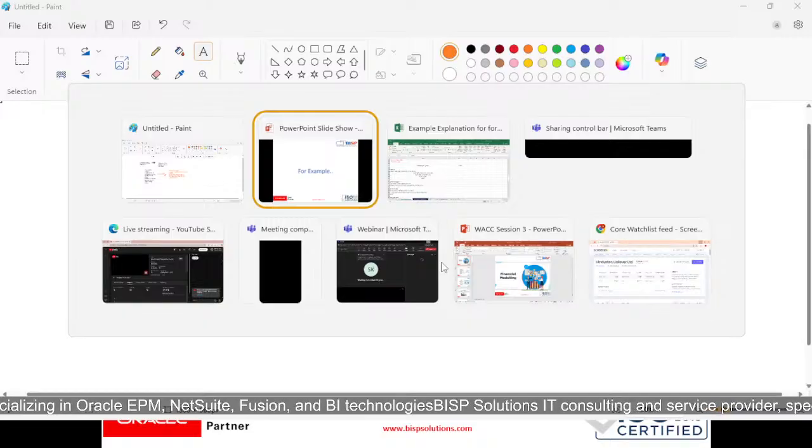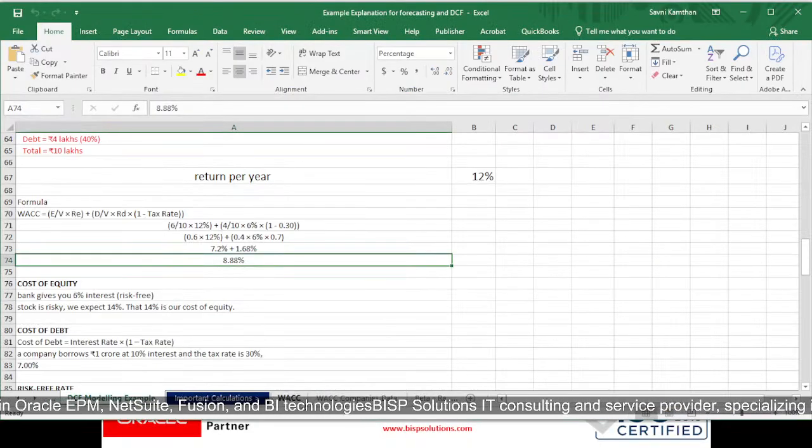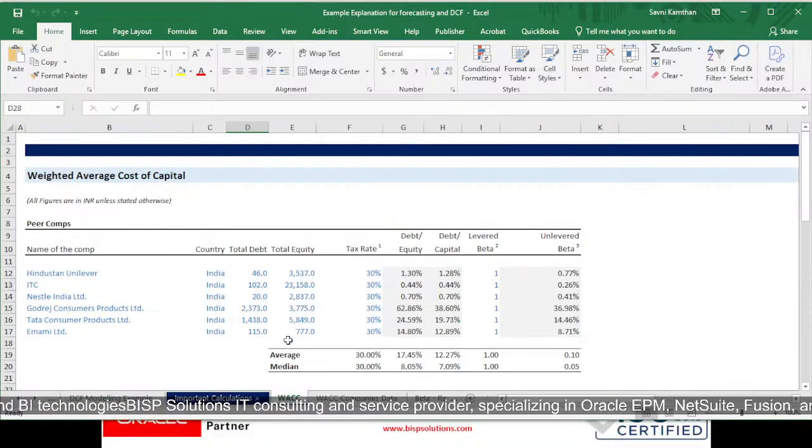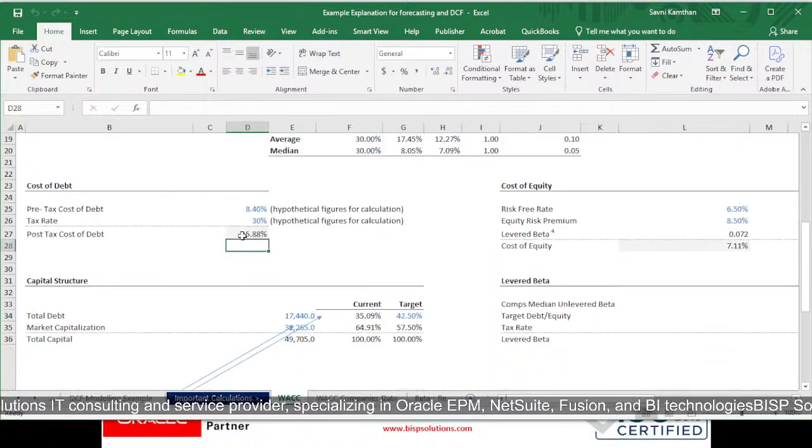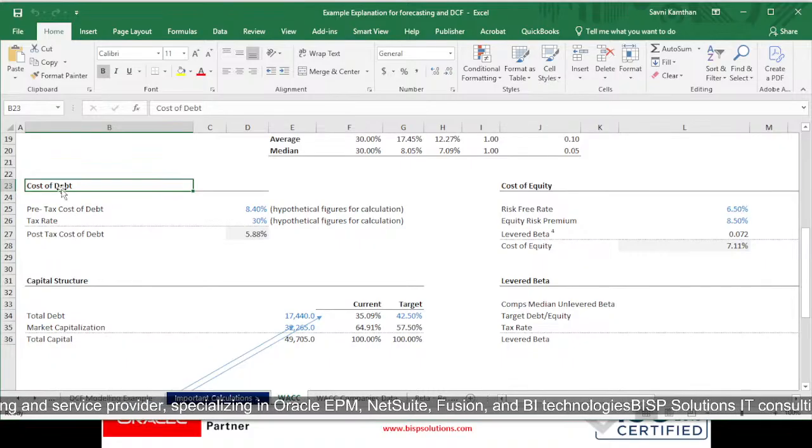So if we take an example, before moving forward to beta regression, we will be doing a calculation which we have done in our previous session also. Till average and median we have calculated for our weighted average cost of capital. Now if I want to calculate my cost of debt, I have to take a hypothetical situation.